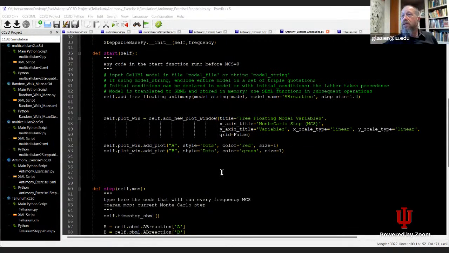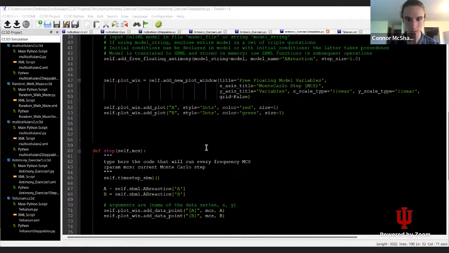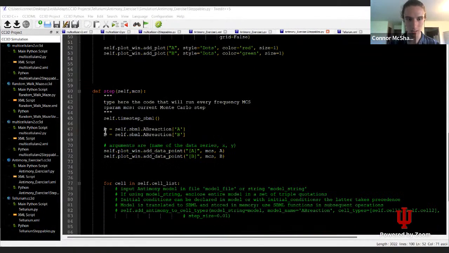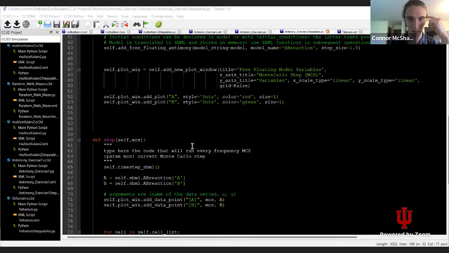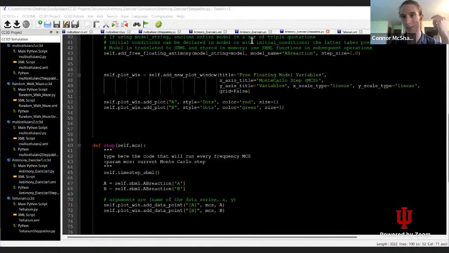That looks fine. I initialize my plot here. And then I have self.spml AB reaction is A. And then I have that. Oh, I just debugged myself. I know exactly what's wrong. Give me 1 second. I think there are some square brackets that don't need to be there. Yes, that is exactly what's wrong.